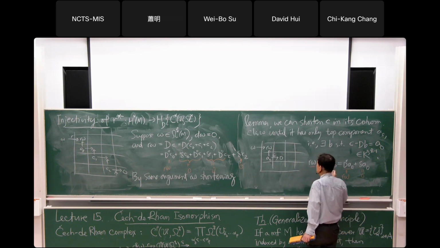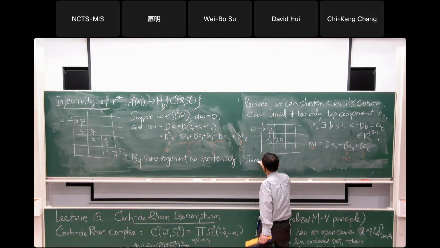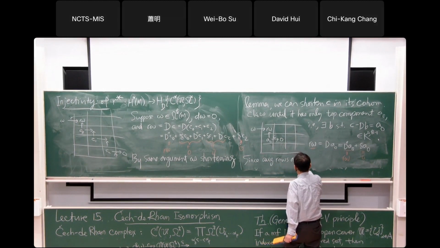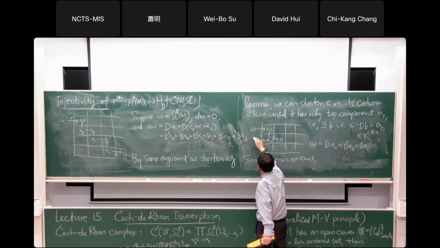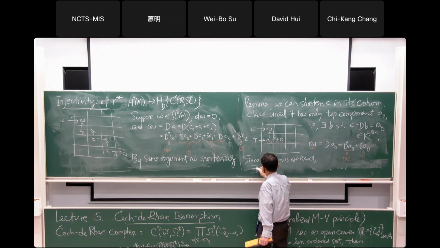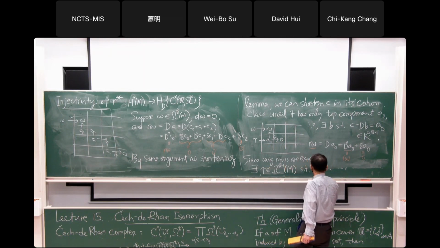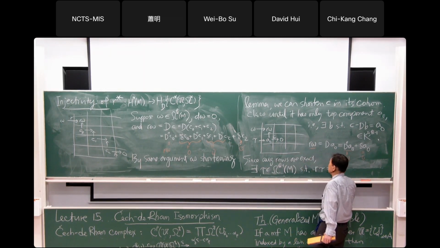Since augmented rows are exact, and delta A0 is 0, there exists a tau in omega k minus 1 of M such that R of tau equals A0.